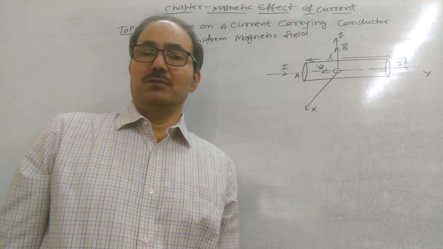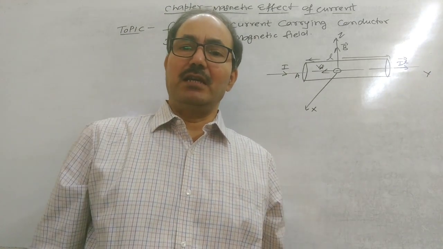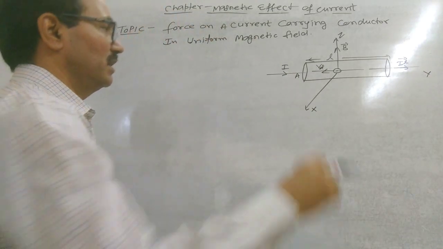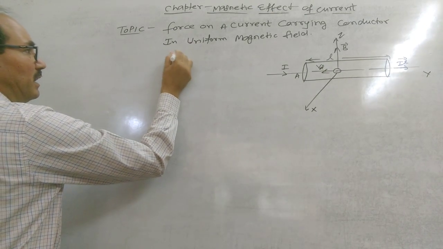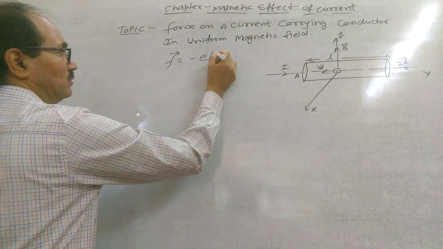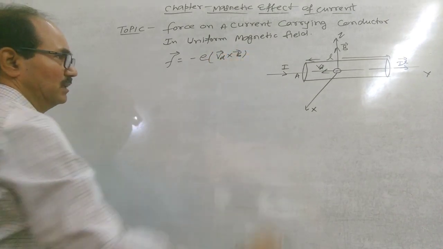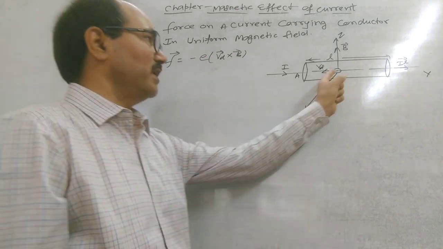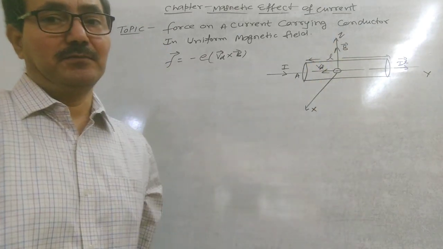Now as you know, when the charged particle moves in uniform magnetic field, it experiences a force. Similarly for electron, the force experienced by electron is given by minus e into v cross B. So this is the force experienced by this electron in this magnetic field.